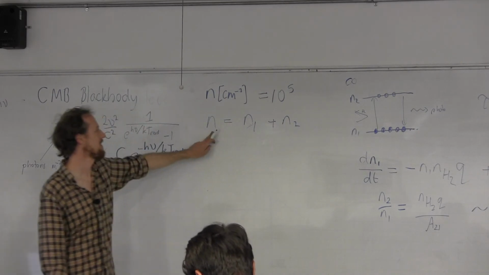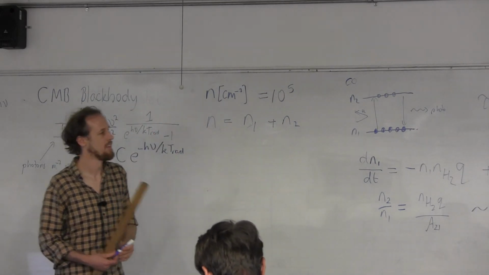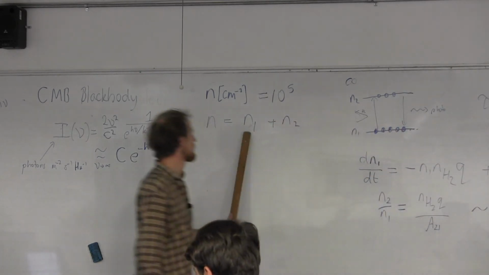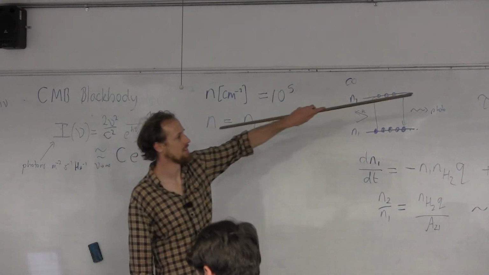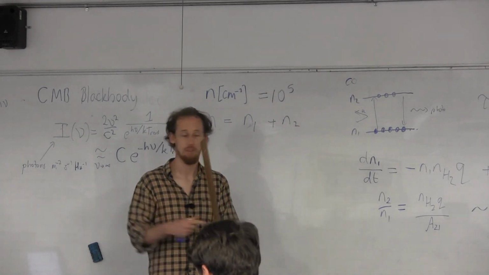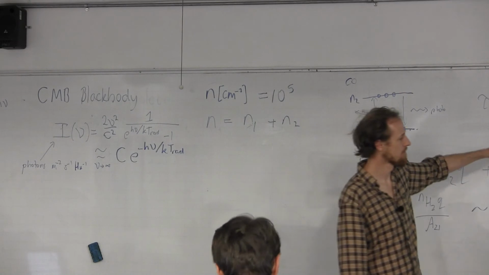Add them all up, and you have the total number of particles in the box. The ratio of these 2 levels can be calculated based on the critical density, the Einstein A coefficient and the collisional parameters. That's what this formula is giving us.